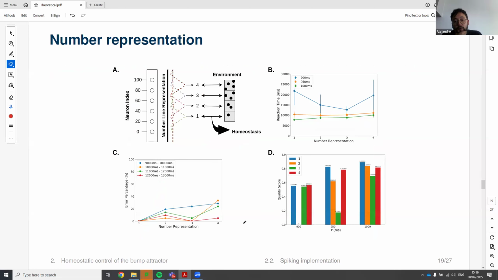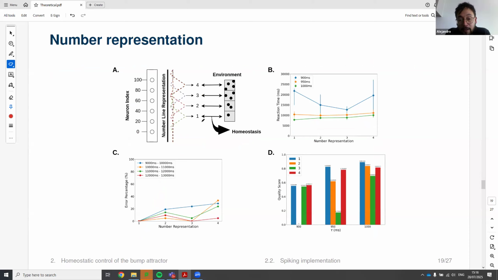We use this network also to represent numbers in a task that is intended to reproduce the phenomenon of having a number sense. I forgot what the name is, but yes, subitizing, right?